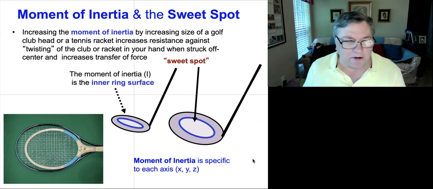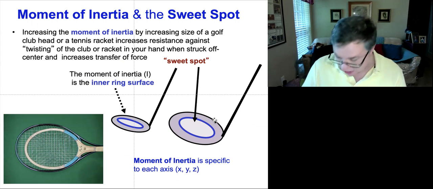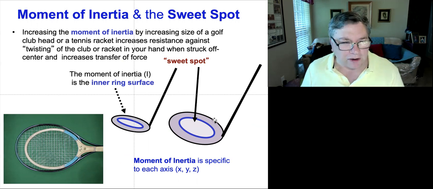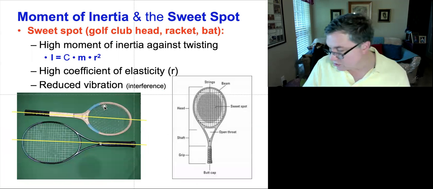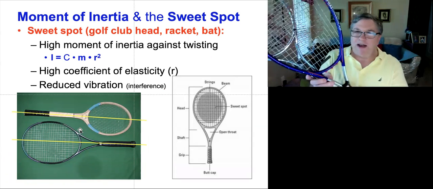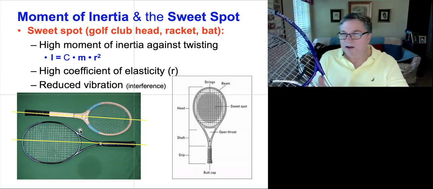Again, we increase the size of either the tennis racket head or the golf club head. We use light materials that will help. A wooden tennis racket is a lot heavier than today's racket. Even the steel racket I have from back in the day is a lot heavier than this racket.